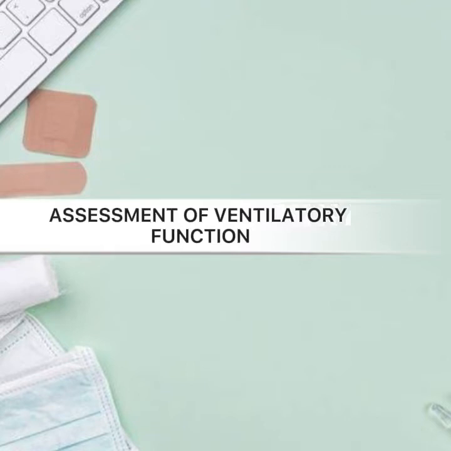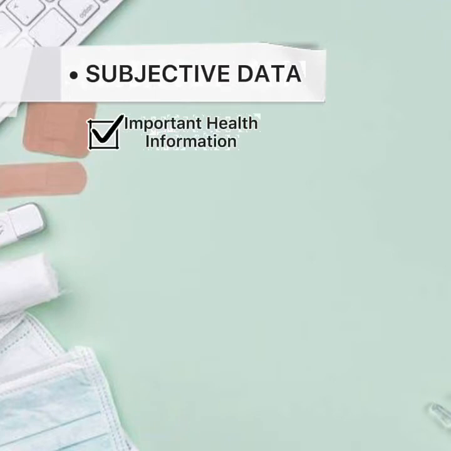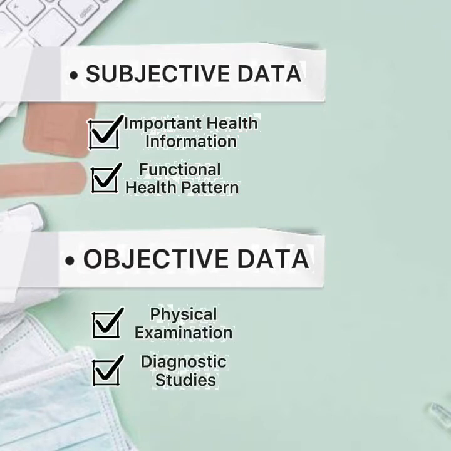In the assessment phase, we have subjective data that includes the important health information of your patient as well as the functional health patterns. We also have the objective data that includes physical examination and diagnostic studies.